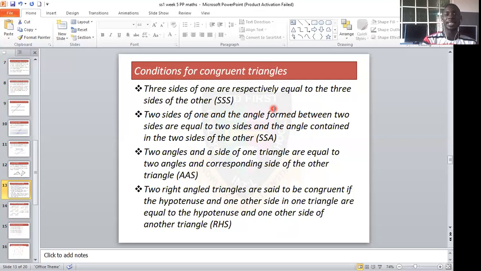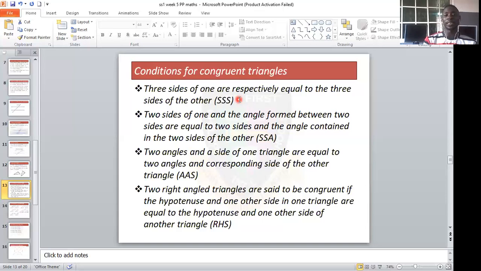That's why we said 3 sides of one are respectively equal to the 3 sides of the other. So when you see 2 triangles whereby all the sides are equal, you say they are congruent.